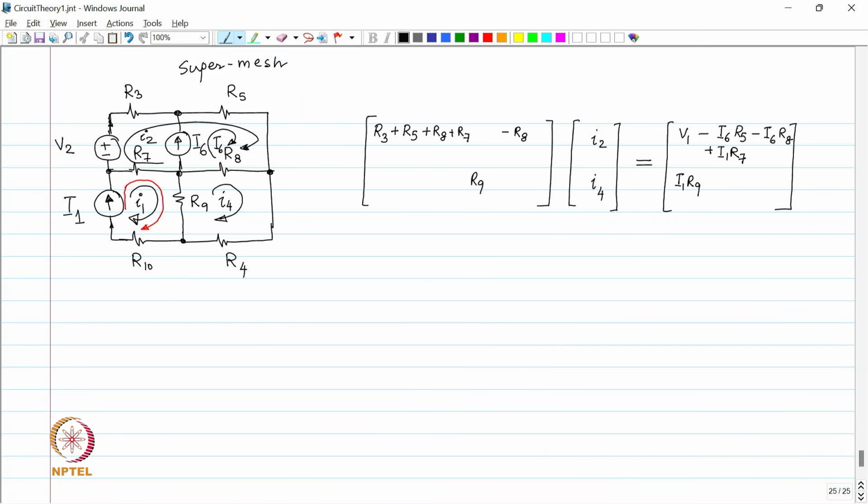Then we have R8. And what is the drop across R8? I4 minus I2 minus capital I6, the whole thing times R8.